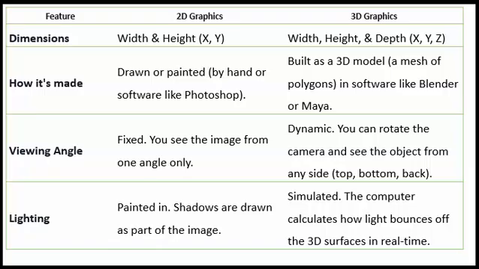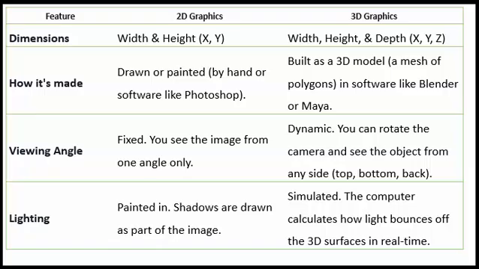Okay, so third is the viewing angle. With a 2D image, what you see is generally fixed, but with a 3D model, you can rotate it and view it from different sides, from front, back, top, or bottom. Lastly, we have the lighting.